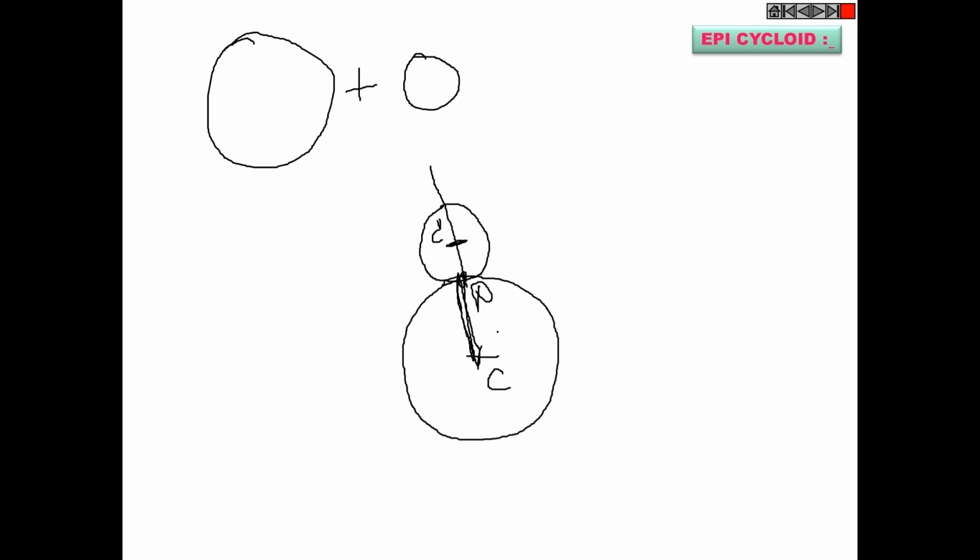C dash P is the radius of the smaller circle and CP is the radius of the bigger circle. So you take C dash P length in your compass, place your compass at C dash point and draw that smaller circle. This is the way I can draw a smaller circle placed on the outer periphery of the bigger circle. Is it clear so far? Any doubt?